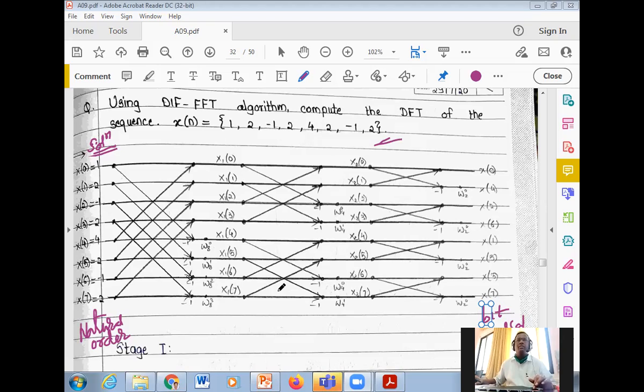Pranav Kharath. Rutuja. Rutuja Dhekne. Can anyone tell me how to calculate x1 of 0 here?